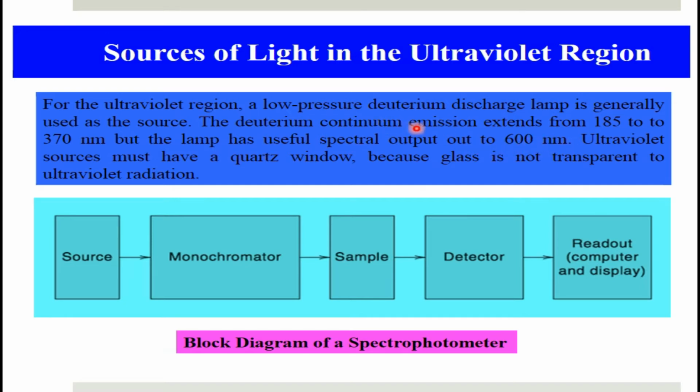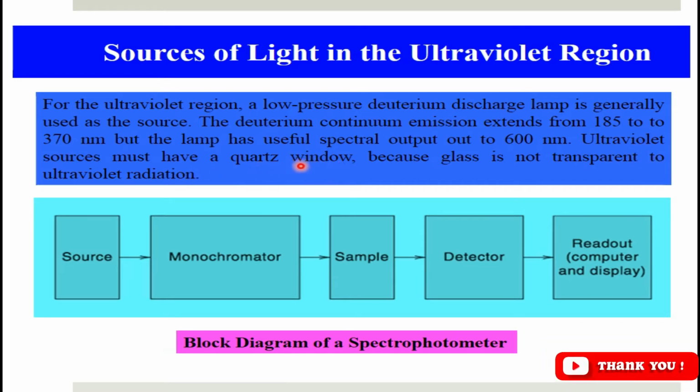The continuum emission is from 185 to 370 nanometers. Although it can go up to 600 nanometers, it will not be continuous, it will be interrupted. That is why it is most preferably used in the ultraviolet region up to 370 nanometers. Ultraviolet sources must have a quartz window.